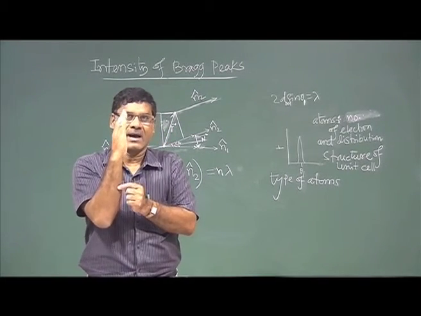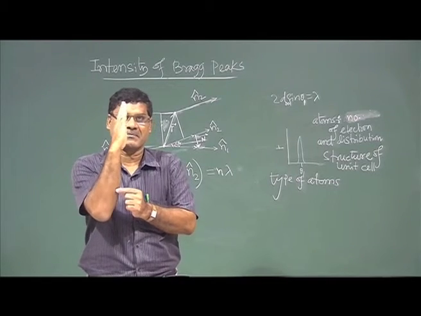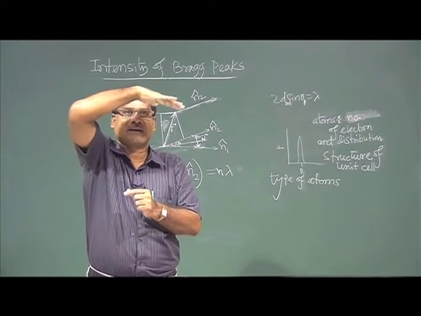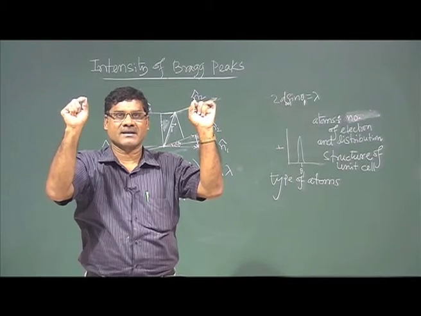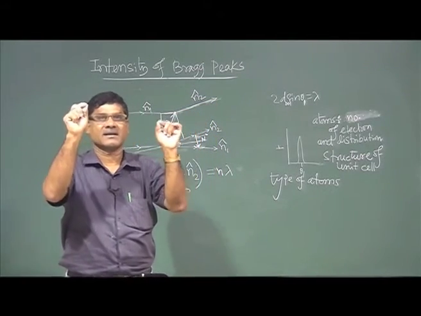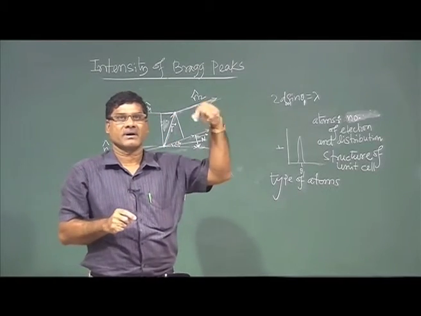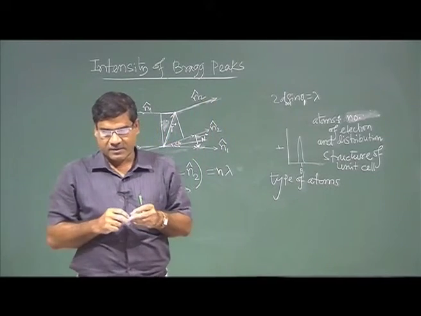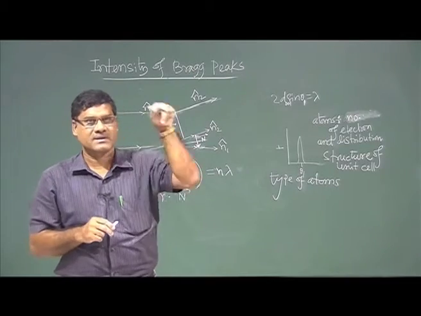So, in the Ewald sphere you have seen that crystal plane, and we attach this origin of the reciprocal lattice, and this is connected with another point on the sphere or on the circle.